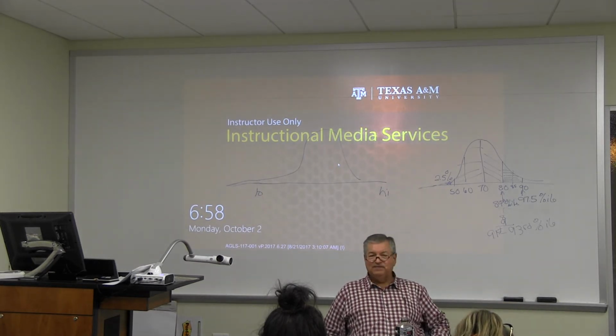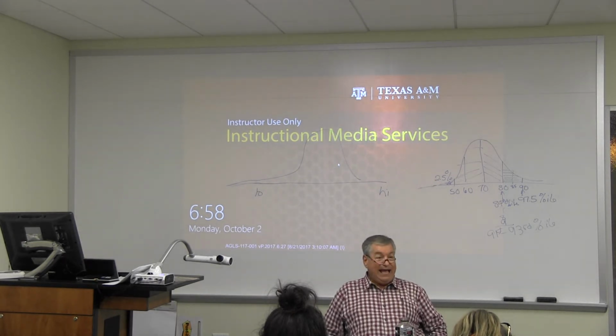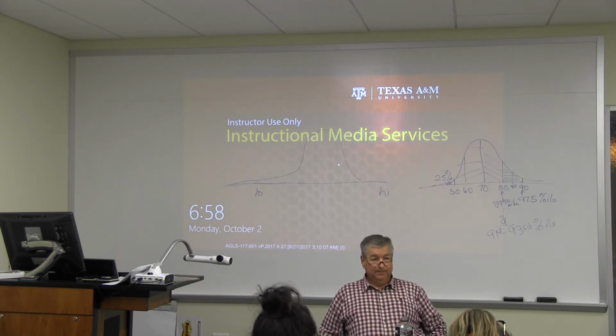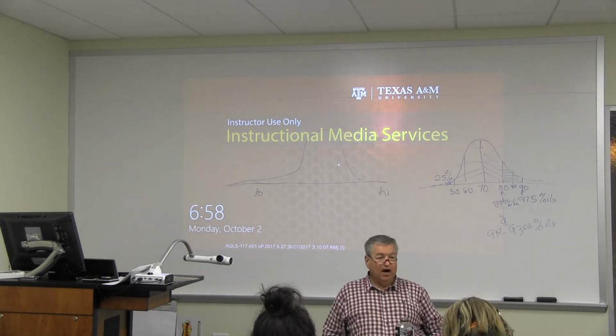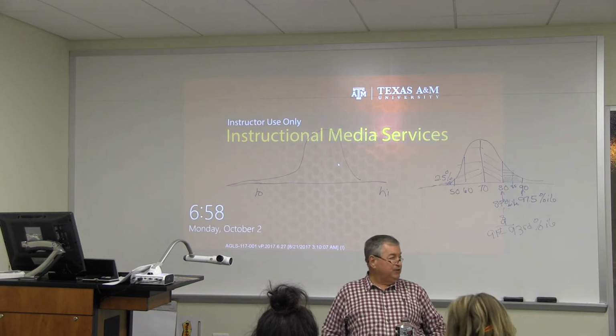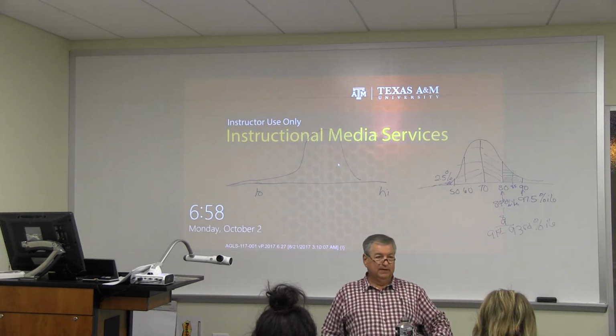In other words, if somehow you knew that the mean weight of males at Texas A&M University is 183.786 pounds, and you took a sample of 200 males, what's the probability you think that you would get exactly that mean in the sample?